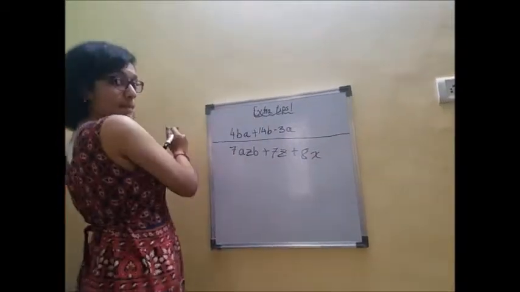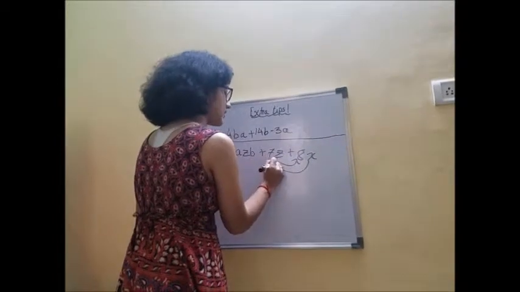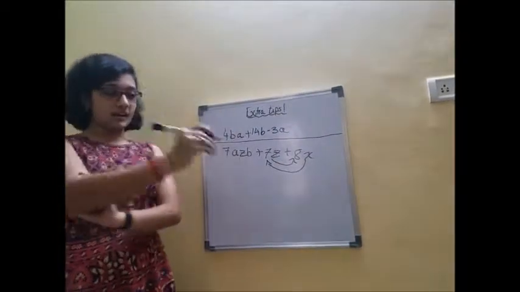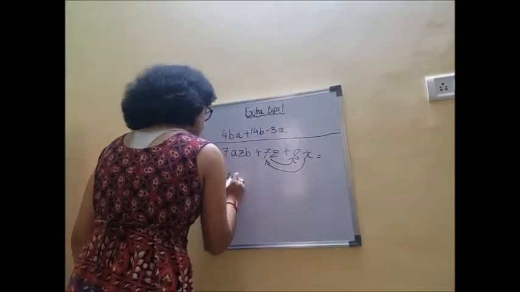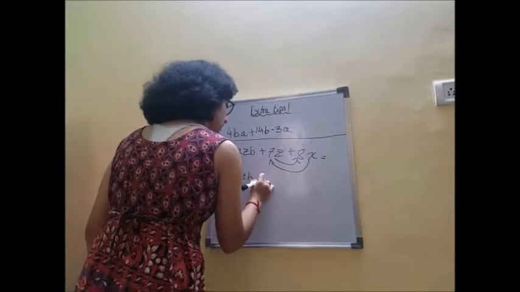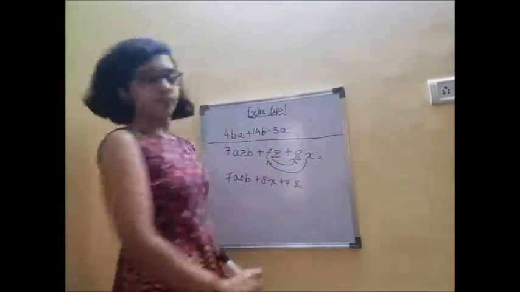So you have to always keep it first. But this you have to switch because after x only y, z comes. So we switch this place to equal 7AZB plus 8x plus 7C.